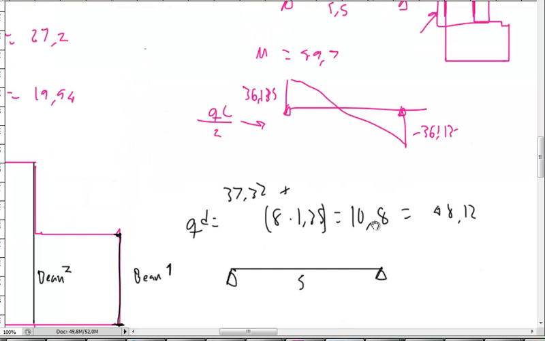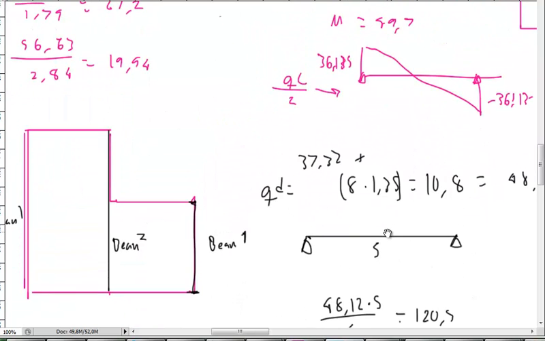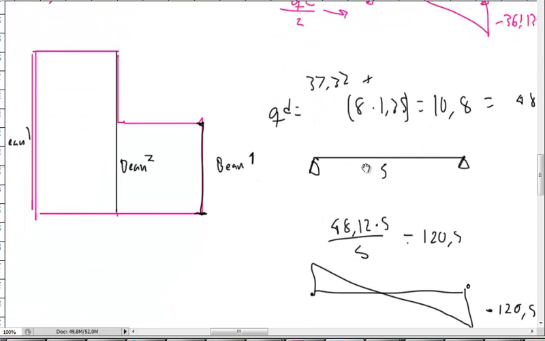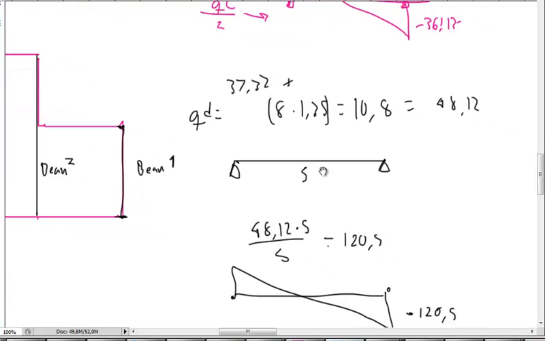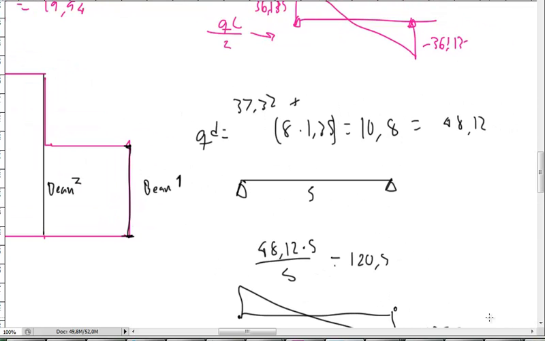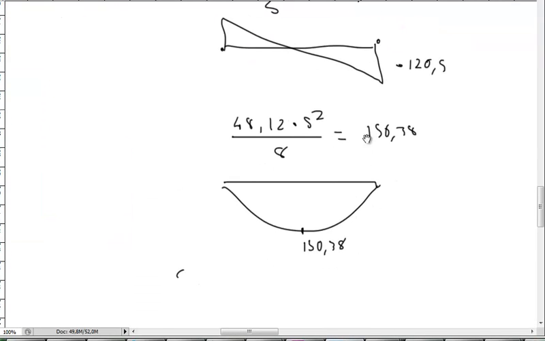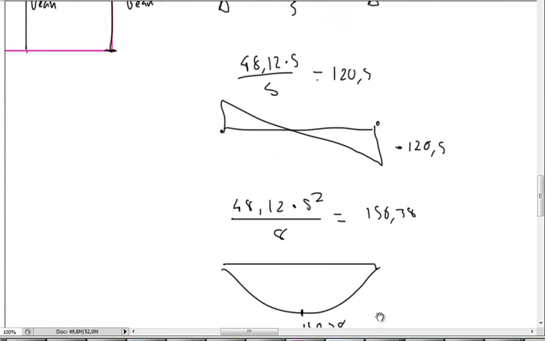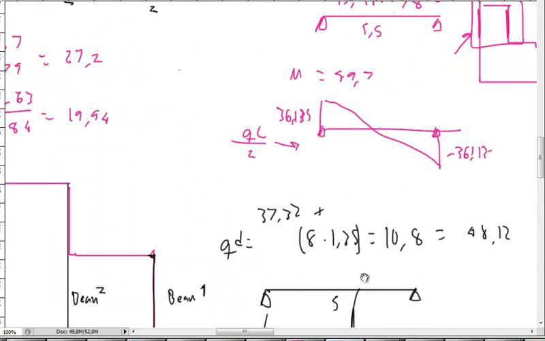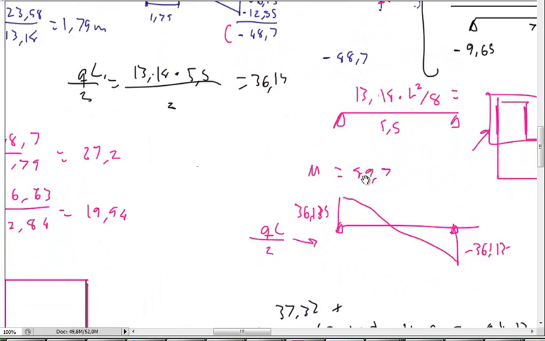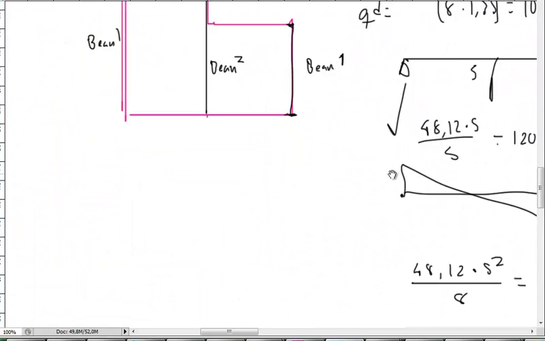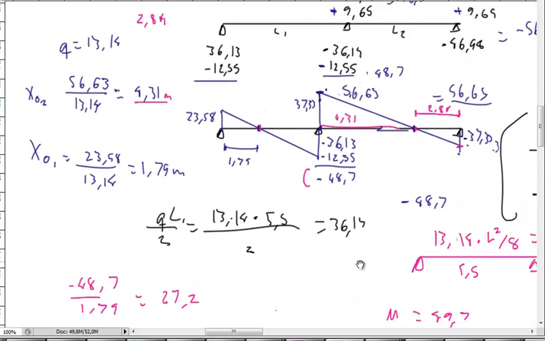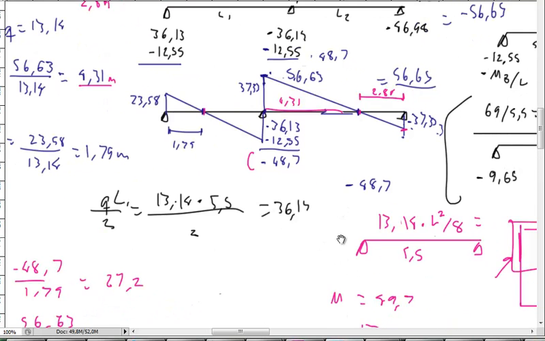We have this situation where it's longer here, and we know that there's a Q, Q equal to 13.14, and we use the compatibility method. It's not like this, but it's something like this. So we want to find out this in the middle here.